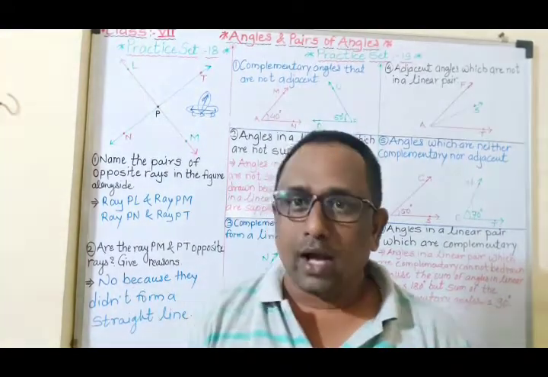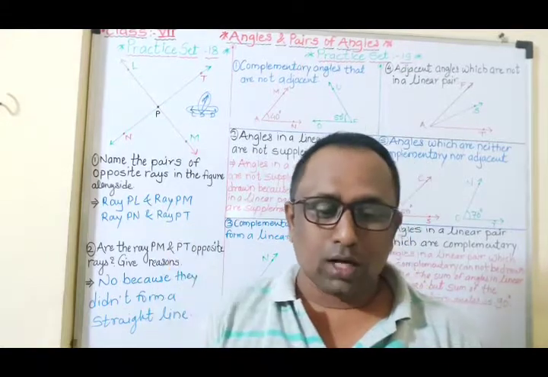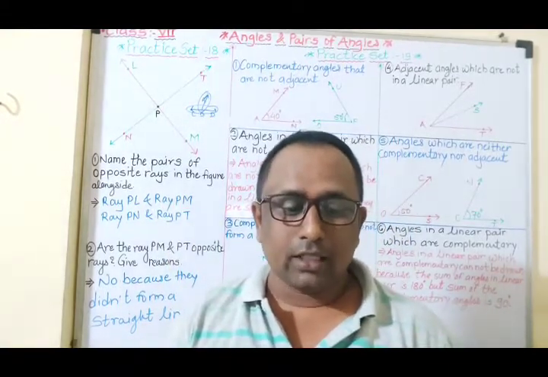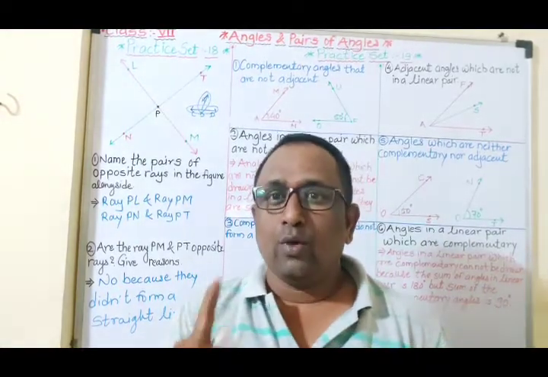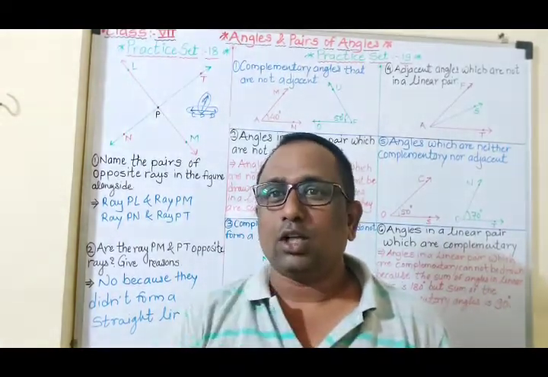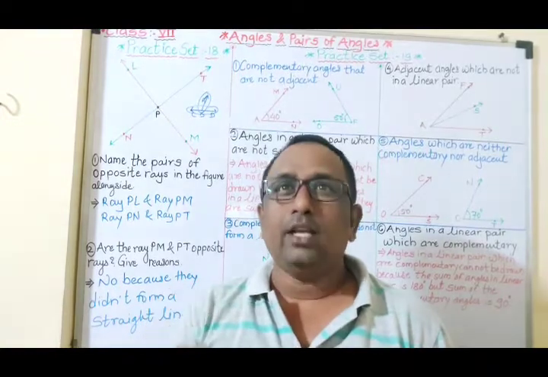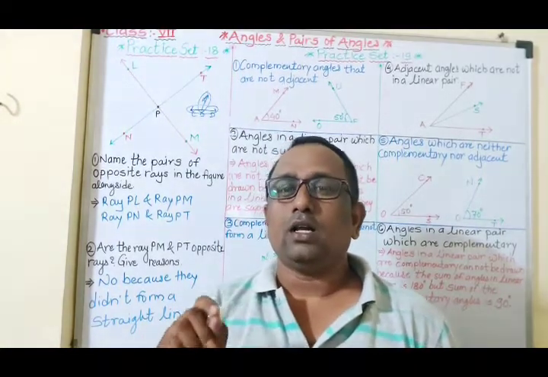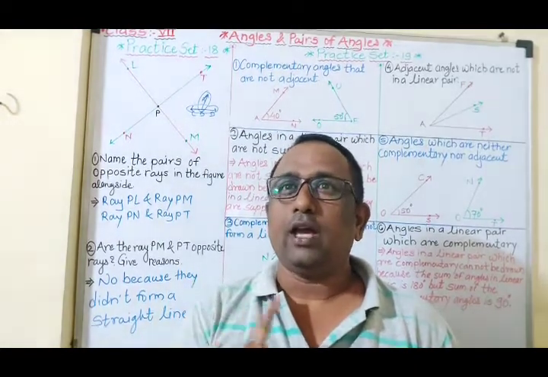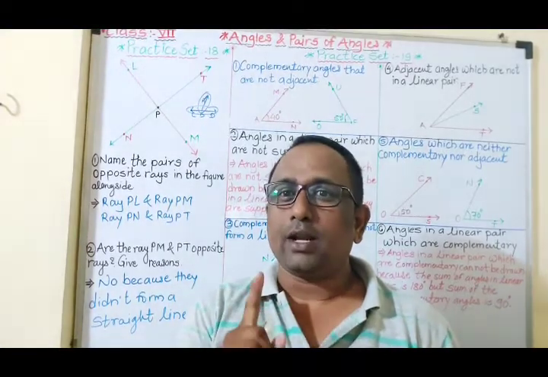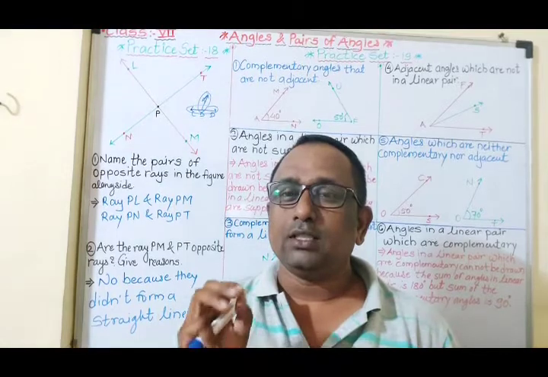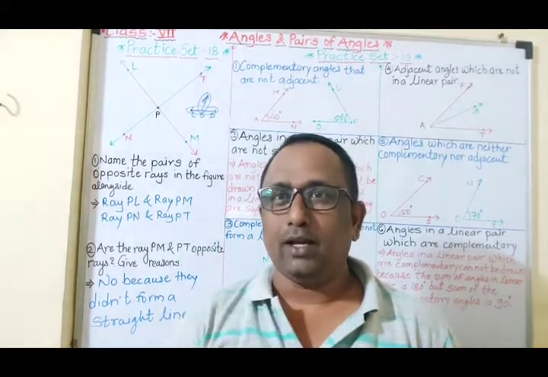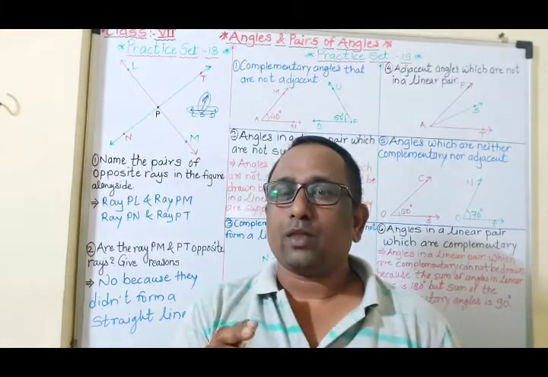Angles which have a common arm and whose other arms form a straight line are said to be angles in a linear pair. The sum of the measures of the angles in a linear pair is equal to 180 degrees, and 180 degrees means these angles are supplementary angles.